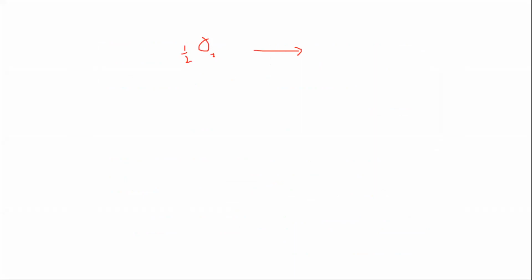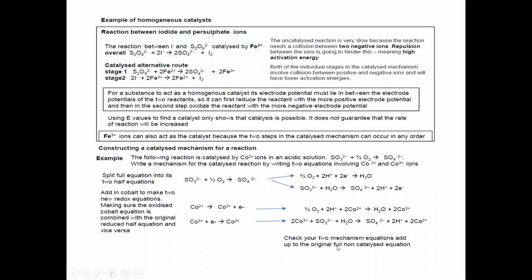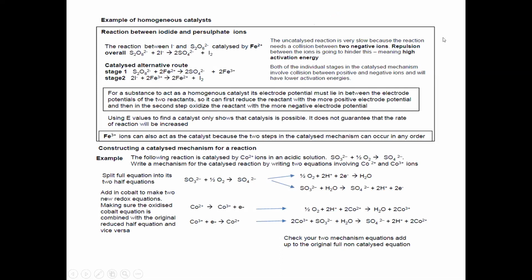The overall equation was SO3 reacted with half oxygen changes to SO4, sulfate ion, and the charge for SO3 is -2.